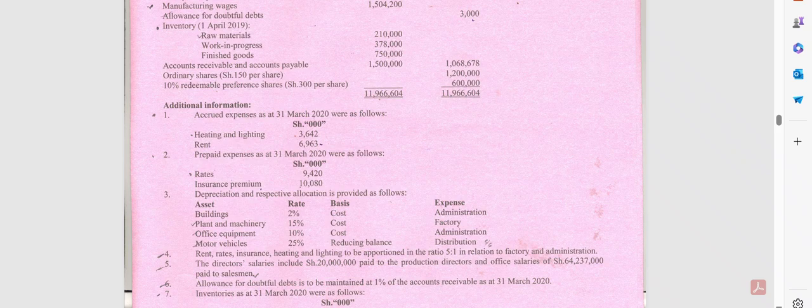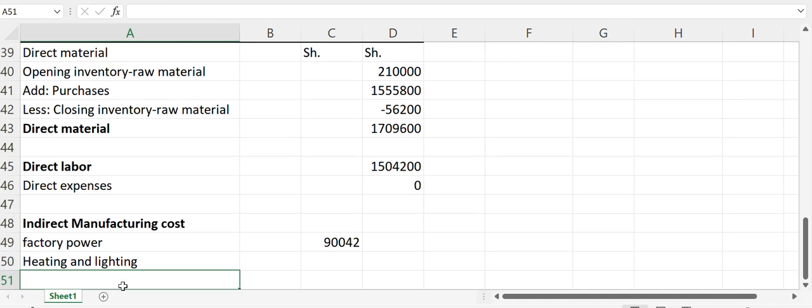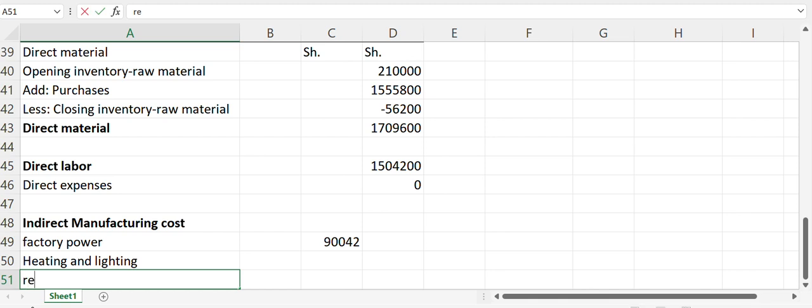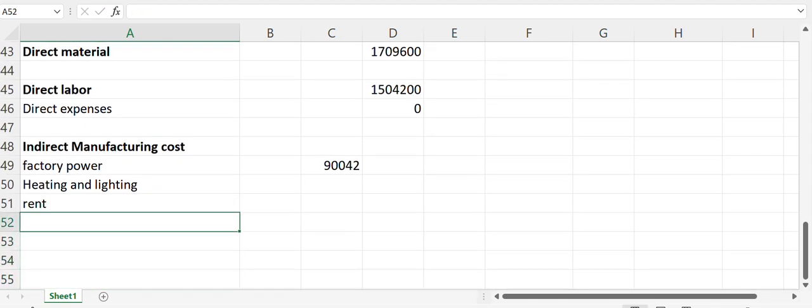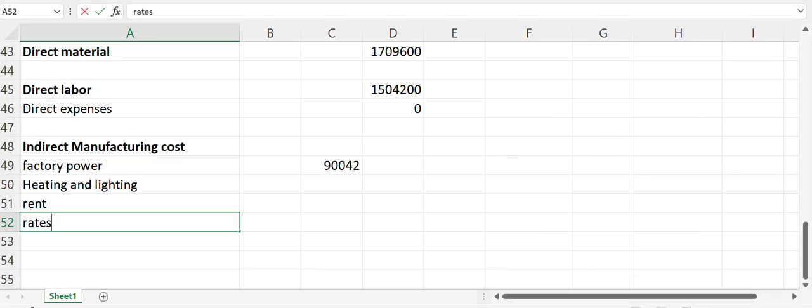So let me write them: heating and lighting, rent, rates, and insurance.